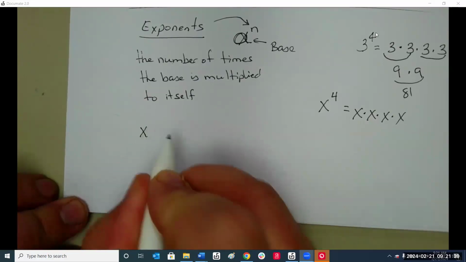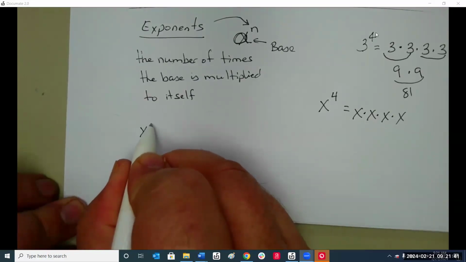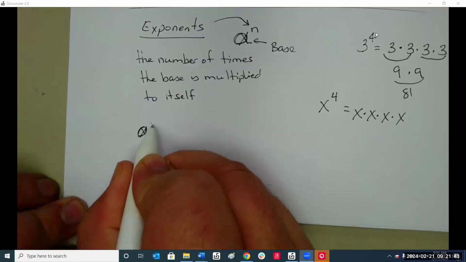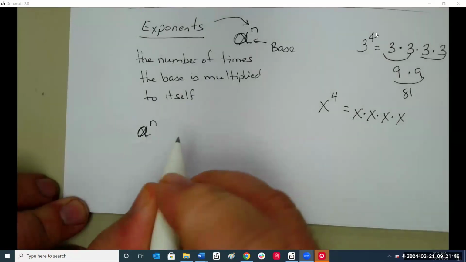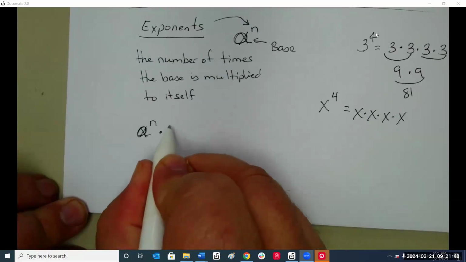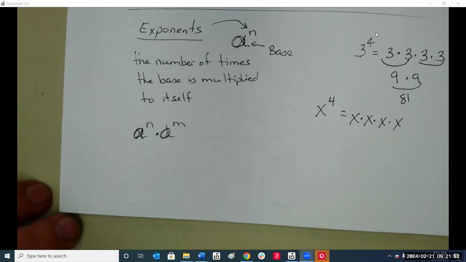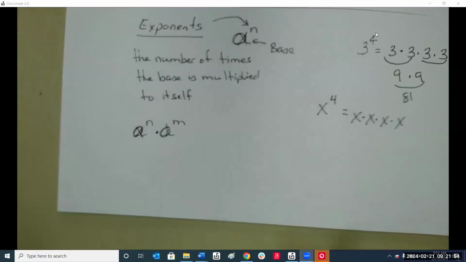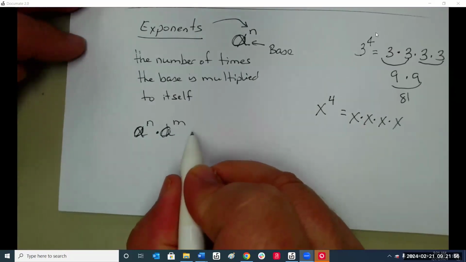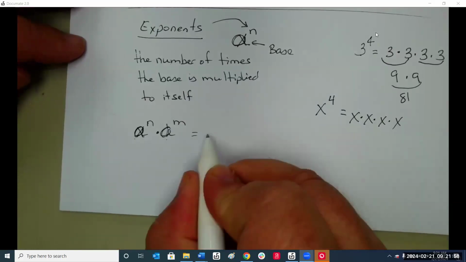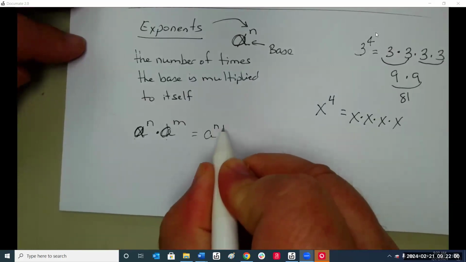And we have a whole bunch of properties. We had a number A raised to a power n times a number A to the power m, where m and n don't have to be the same number. Since the bases are the same, we just add the exponents.